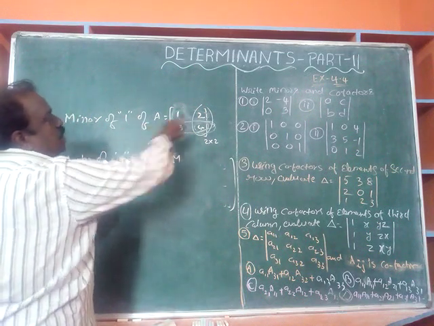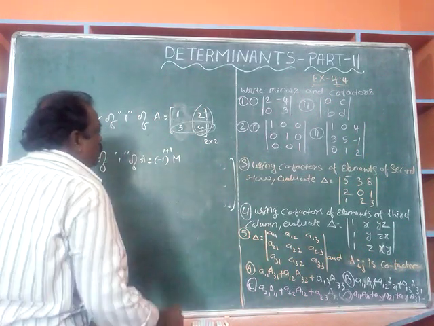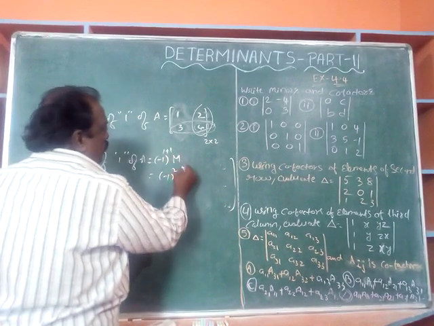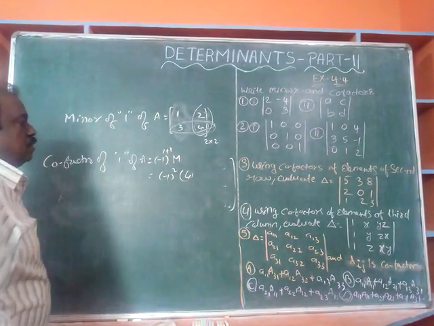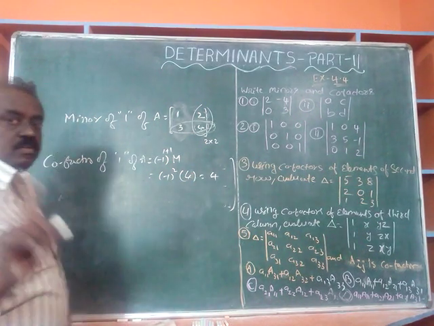The 1 is lying in the first row and first column, so 1 plus 1. The minor for 1 is 4, already we solved. So it is plus 4. That is the cofactor.